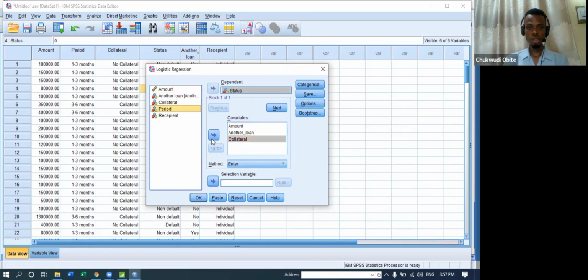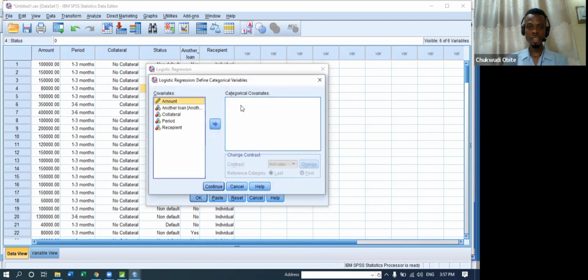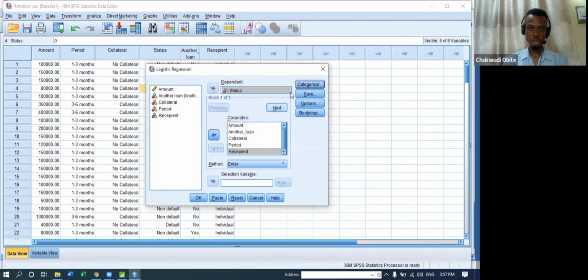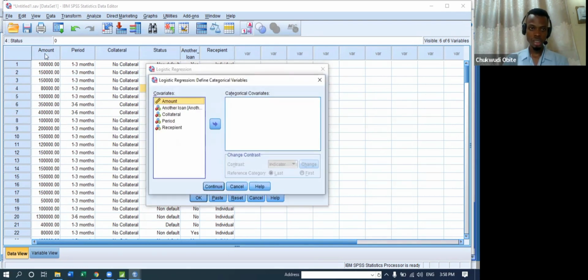These are all the things we need. When you are done, you go to Categorical and move the categorical variables there. Look at this: amount is quantitative data, not categorical, so you don't move it.